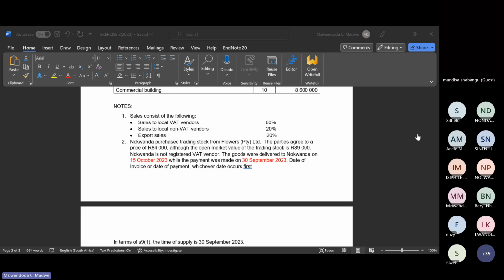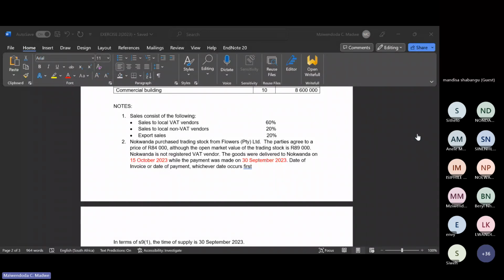So which means now we have to go to our scenario and look at the type of the goods that we are selling. We are selling what here? Trading stock. Okay. Let us assume that the type of trading stock we are selling is movable, because note number 2 indicates the delivery date, isn't it?